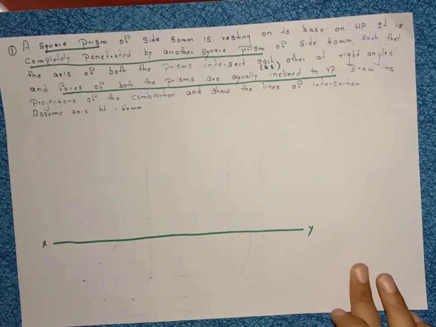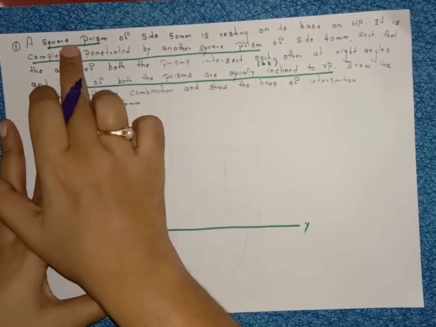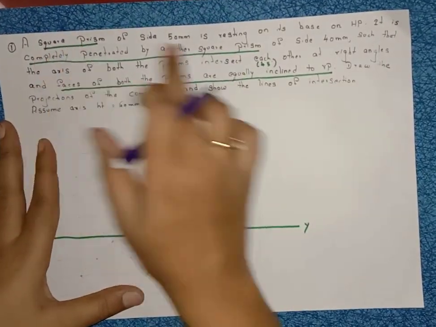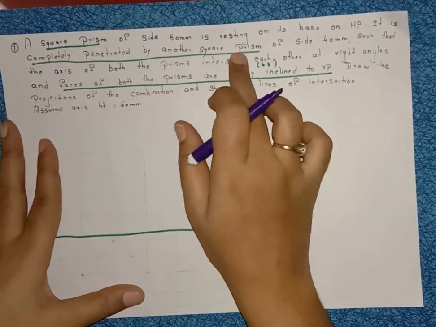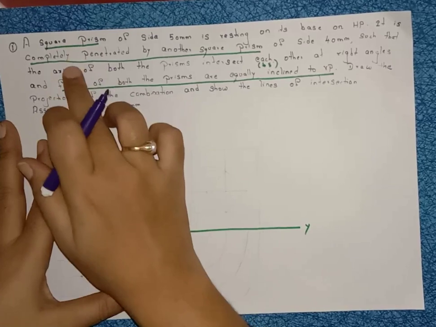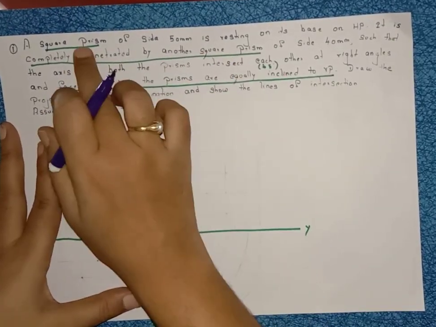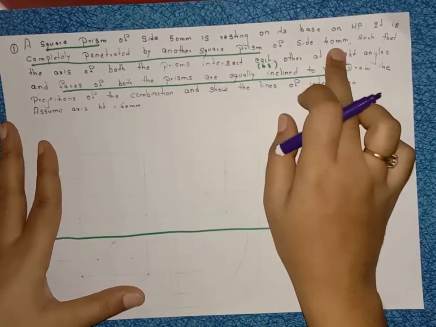In this question, you are going to construct square prism versus square prism. A square prism is completely penetrated by another square prism. One square prism has side 50 mm, and the other has side 40 mm.